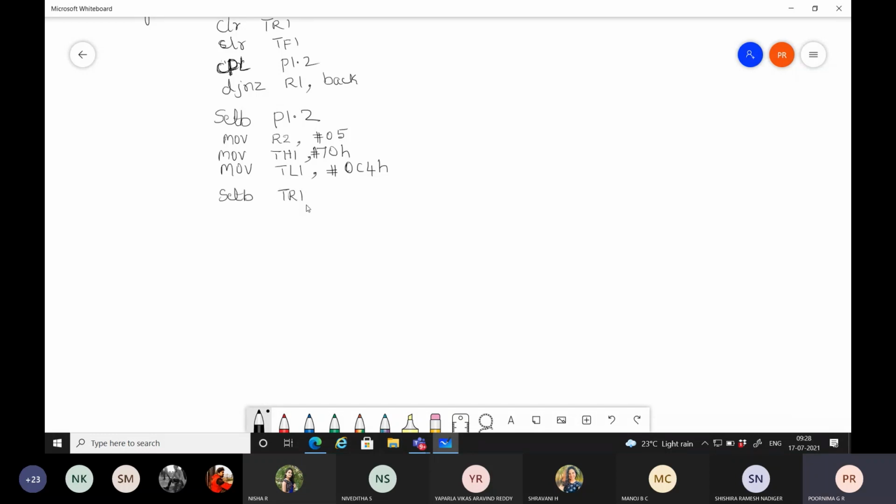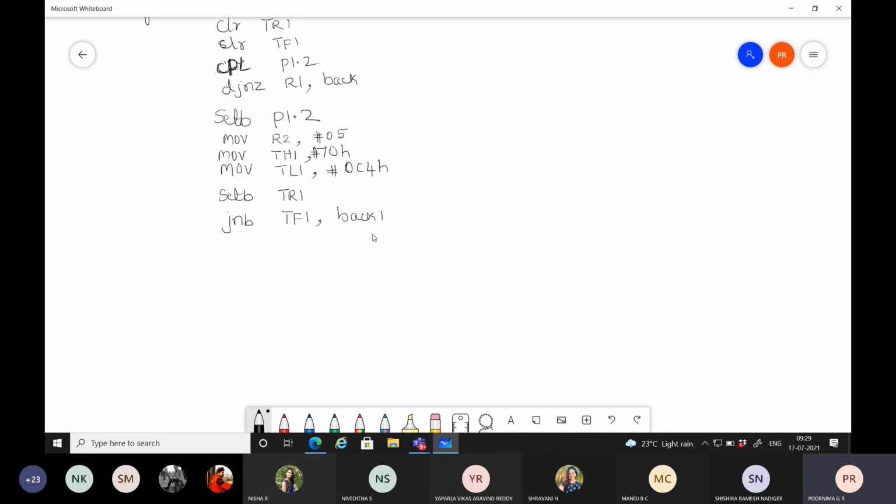Set the timer 1, then we need to keep on monitoring the overflow flag. So therefore, what you will be doing? JNB TF1, back 1.